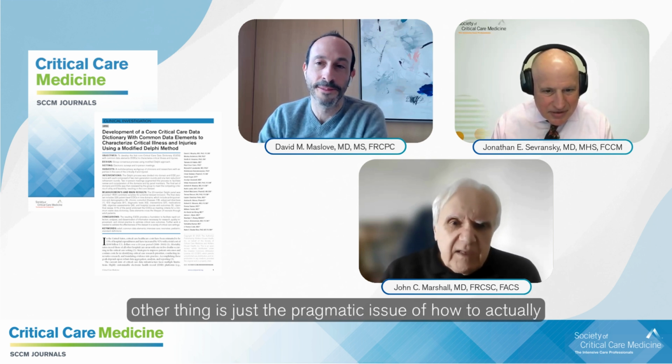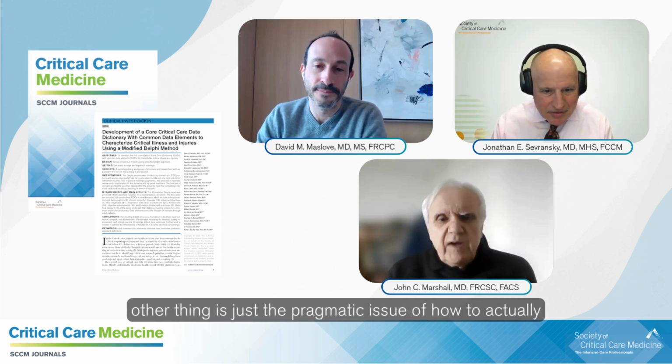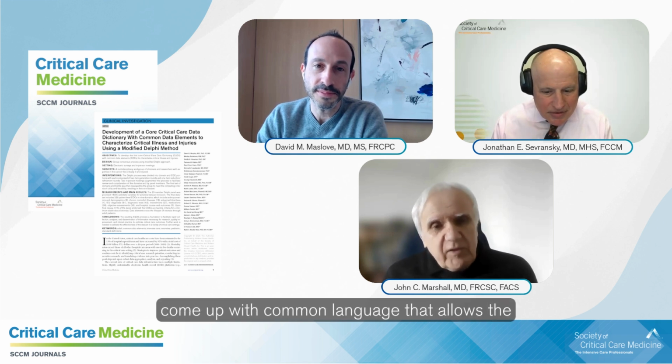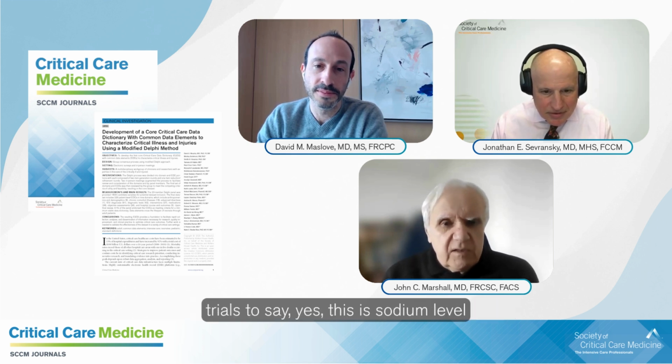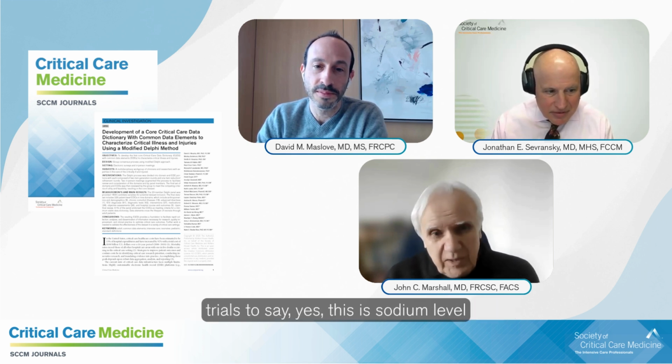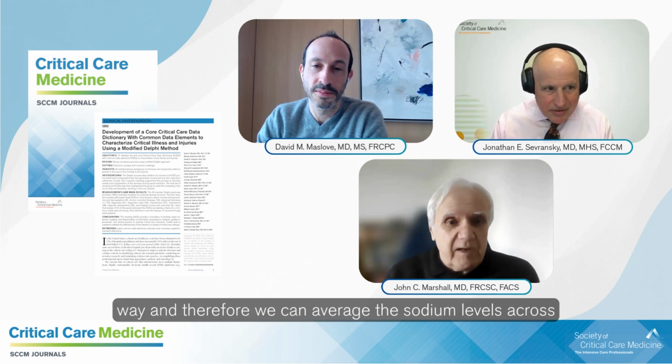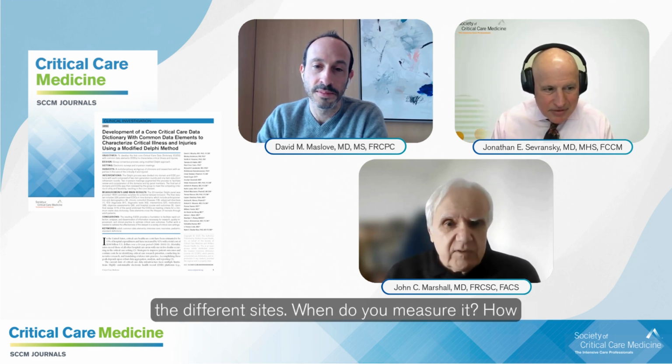And I think the other thing is the pragmatic issue of how to actually pool data across trials if you can't come up with a common language that allows the trials to say, yes, this is a sodium level, and all sodium levels are recorded this way, and therefore we can average the sodium levels across the different sites. When do you measure it? How often?